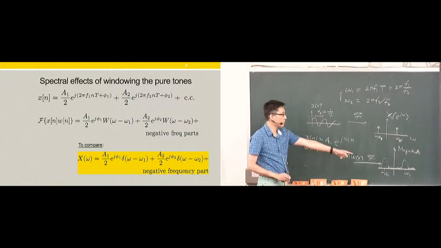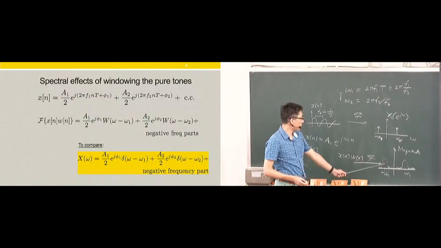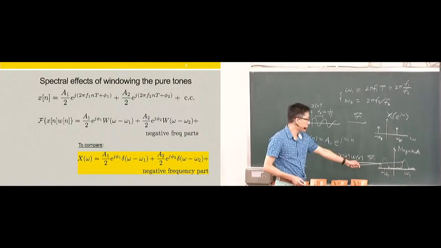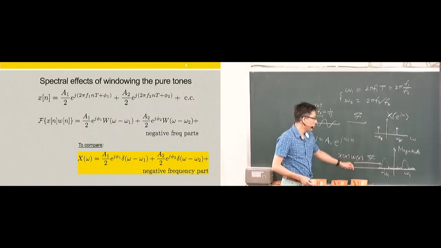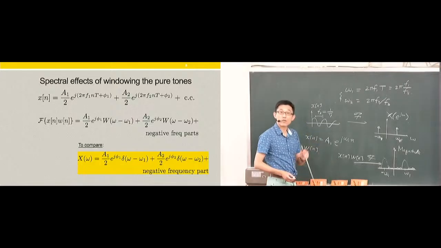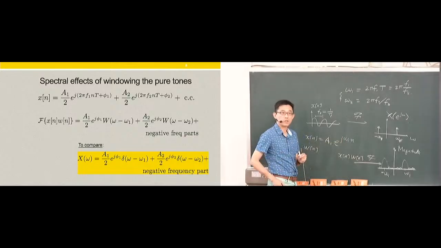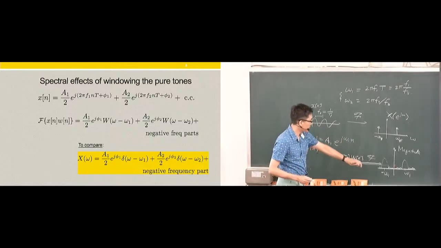This is what we expect to see just by using the basic shifting theorem, the modulation property. So instead of seeing spikes, we see a main lobe, which has a finite width, and you know that the width is inversely proportional to the duration of that window.